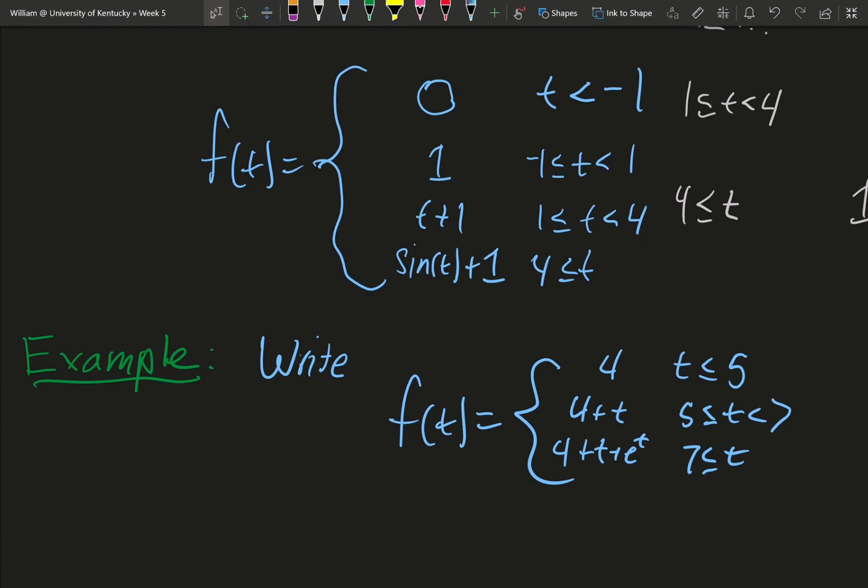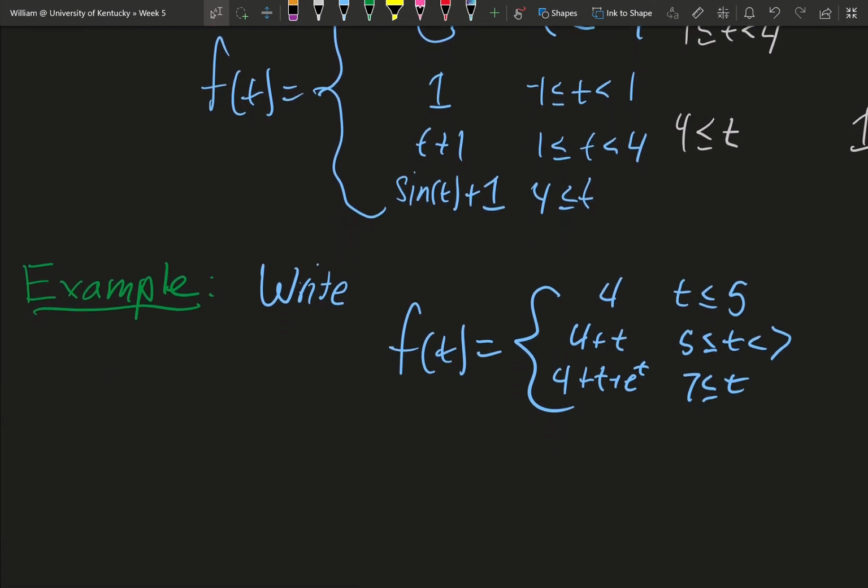So for our next example problem, we're going to write this as a sum of Heaviside functions, or as a linear combination of Heaviside functions.